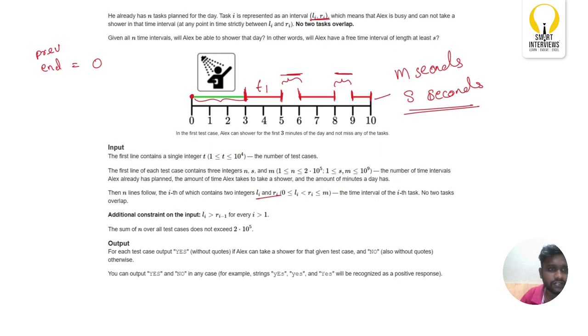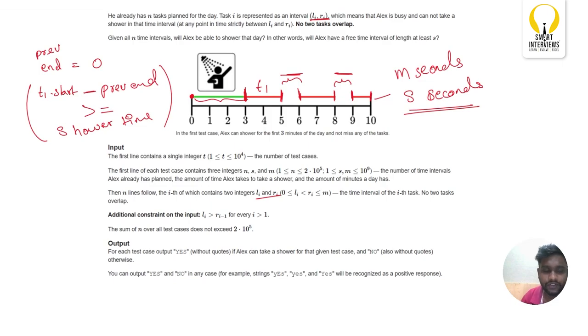So the difference, task 1 dot start minus previous end, should be greater than or equal to the shower time. If that is the case, he can take a shower. That is, task dot start time minus ending of previous task should be greater than or equal to the shower time.